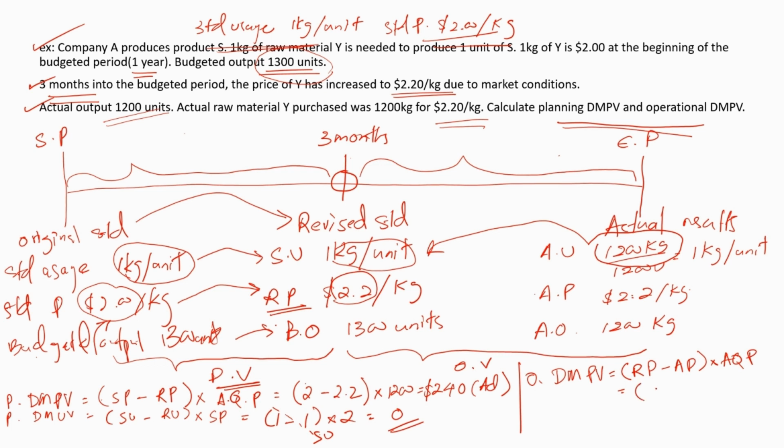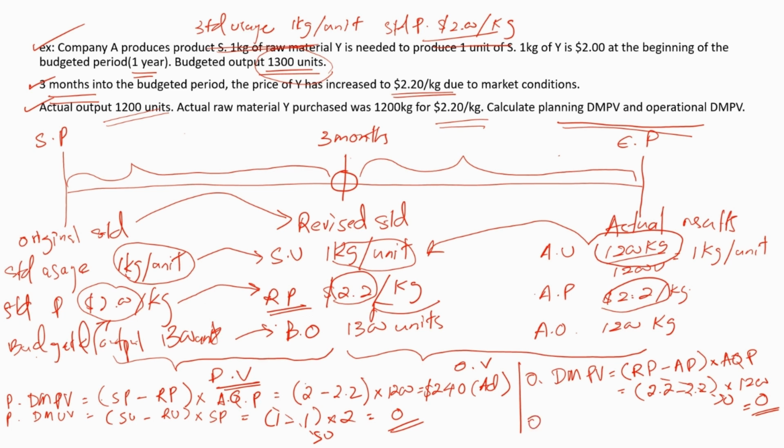So the revised price is $2.2 per kilogram, which is this value, and the actual price is also $2.2 per kilogram, multiplied by 1200 kilograms. Since this is 0, the operational direct material price variance is 0 because the revised price and the actual price are the same.